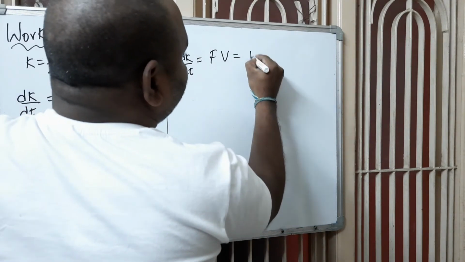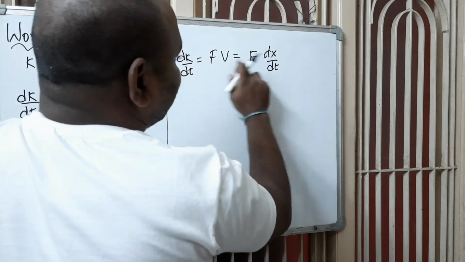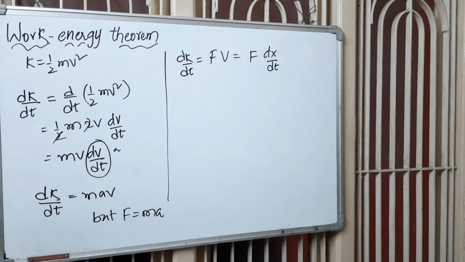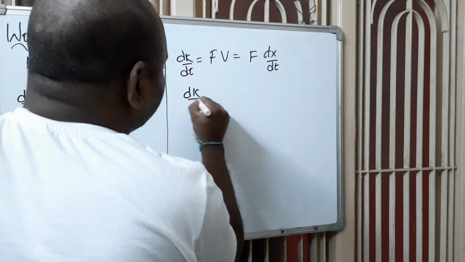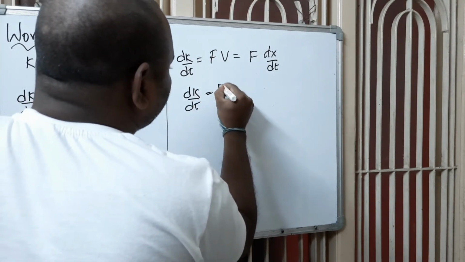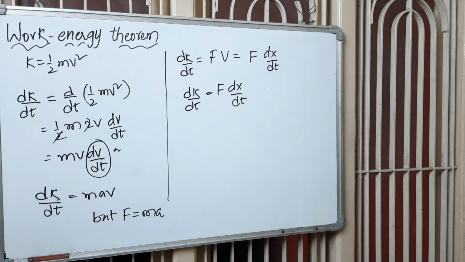This v can be written as dx by dt, since displacement by time gives velocity. So now we got dK by dt is equal to F into dx by dt, right?